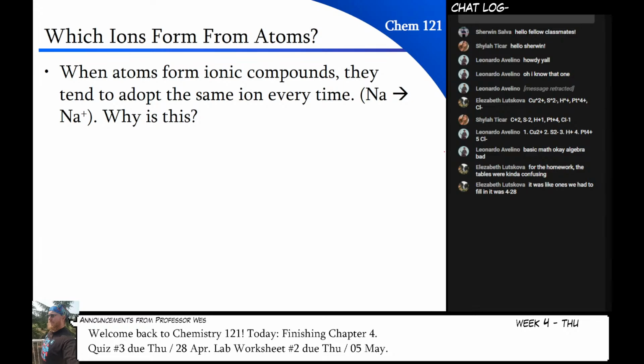Now, as far as nature is concerned, what atoms are doing when they react is they are releasing energy so that they end up in a lower energy state. It's the same principle by which an object on a table will fall to the ground, because objects on the ground are at lower energy. They're closer to the ground. Things fall towards the ground.